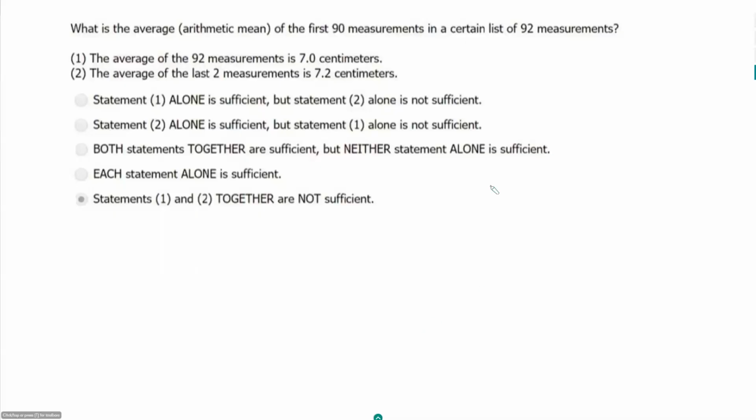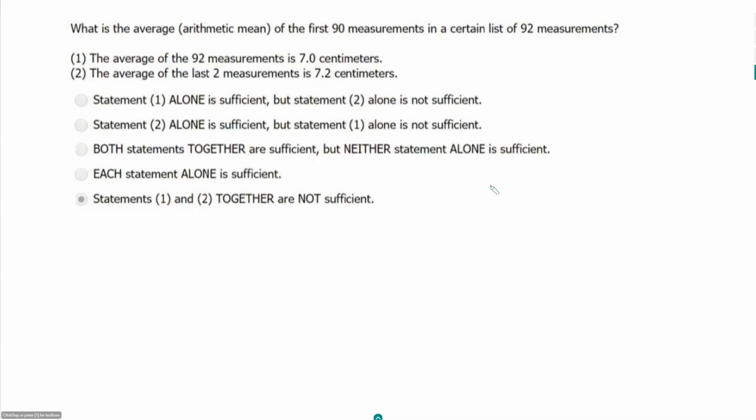What is the average of the first 90 measurements in a certain list of 92 measurements? So average should be the sum of my 92 measurements over the number of measurements, so just 92.